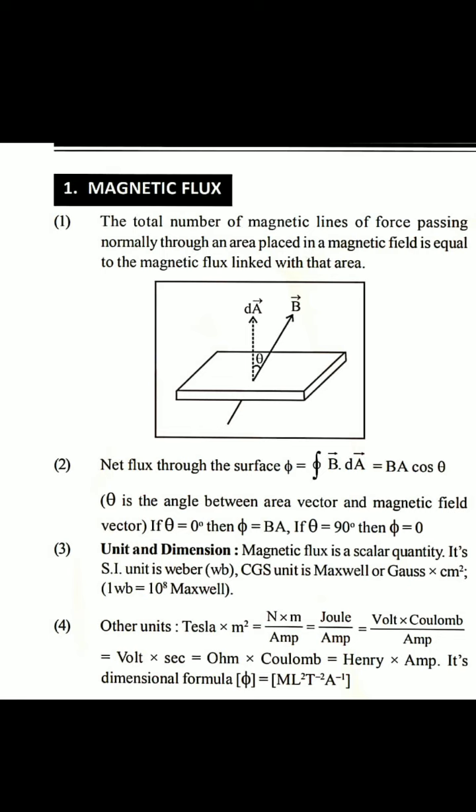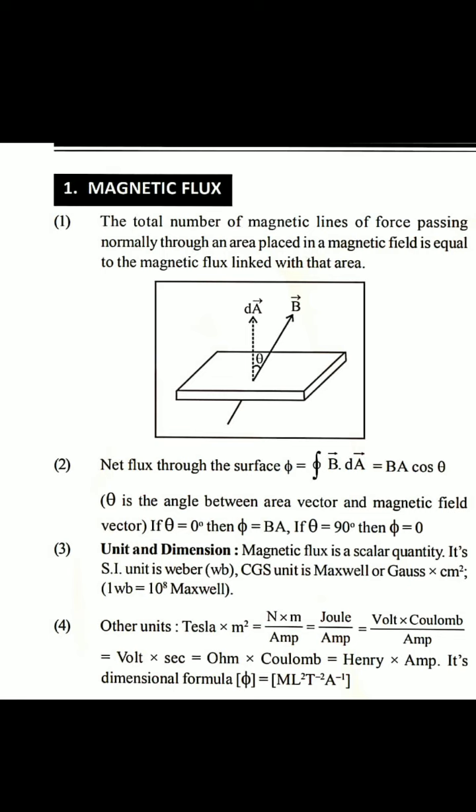Now if we talk about the unit and dimension of the magnetic flux, as we know, magnetic flux is a scalar quantity, so its SI unit is Weber, denoted by Wb. The CGS unit is Maxwell, or sometimes it is denoted by Gauss into centimeter square.